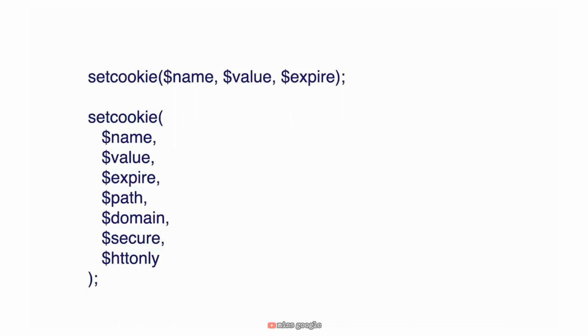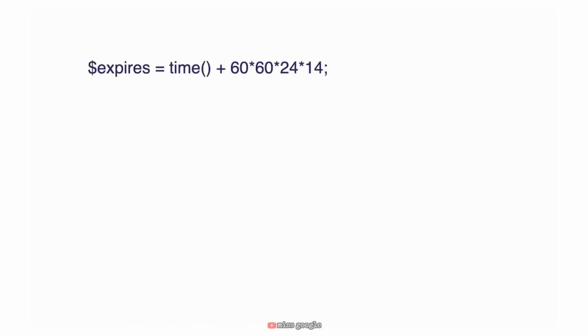Let's talk a bit more about cookie expiration and how we set that. The cookie expiration is always going to be a Unix timestamp. That is the number of seconds since 1970. That can seem like it's difficult to calculate until you realize that PHP has a function that can really help you, which is time. Time returns the current time right now expressed as a Unix timestamp, or expressed as the number of seconds since 1970.